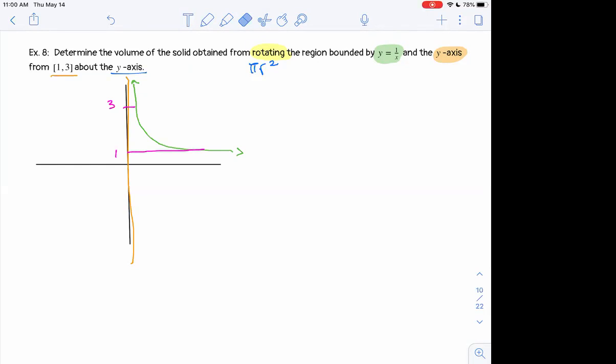So we're gonna rotate this region about the y-axis. And so what that means is I wanna draw my reflection across on the y-axis. So I might have something kind of like this as my reflection, okay?